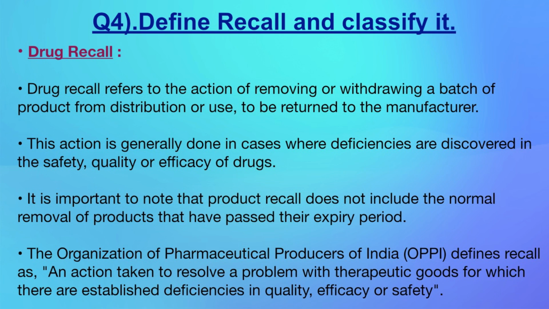It is important to note that product recall does not include the normal removal of products that have passed their expiry period. The Organization of Pharmaceutical Producers of India defines recall as an action taken to resolve a problem with therapeutic goods for which there are established deficiencies in quality, efficacy or safety.